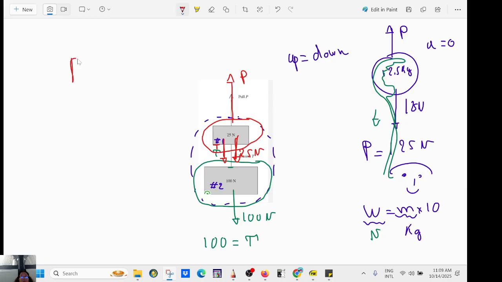So you have up, P equals the tension plus the 25. So P, the pull, has to be larger than T. Okay?